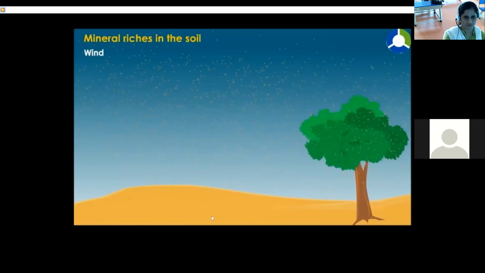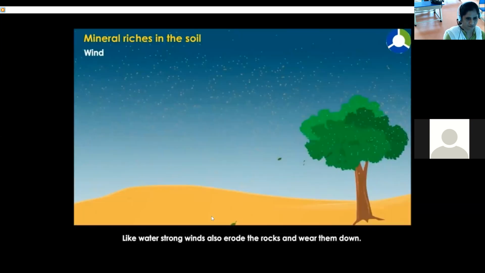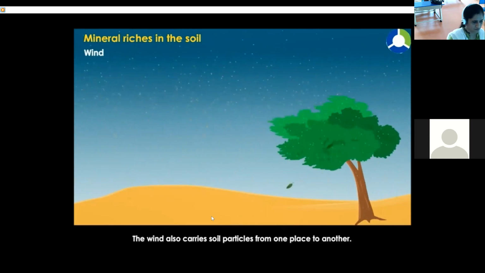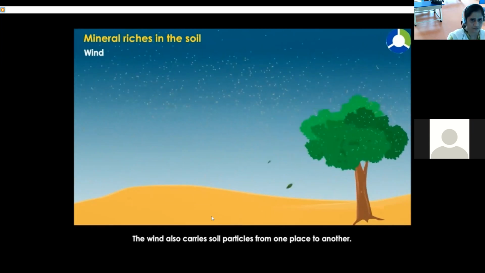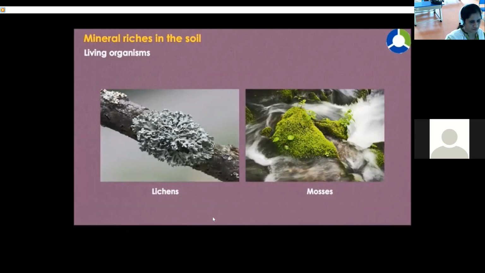Wind. Like water, strong winds also erode the rocks and wear them down. The wind also carries soil particles from one place to another. Living organisms. Living organisms also play a significant role in the formation of soil.